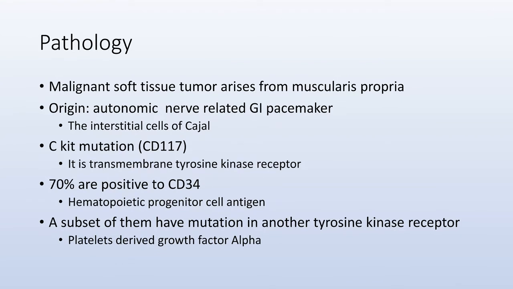They arise from autonomic nerve-related cells that are called the pacemaker of the gastrointestinal tract. It's also called the interstitial cells of Cajal, after the person who discovered and described them, and evidently he won the Nobel Prize early in the 20th century for his contribution.